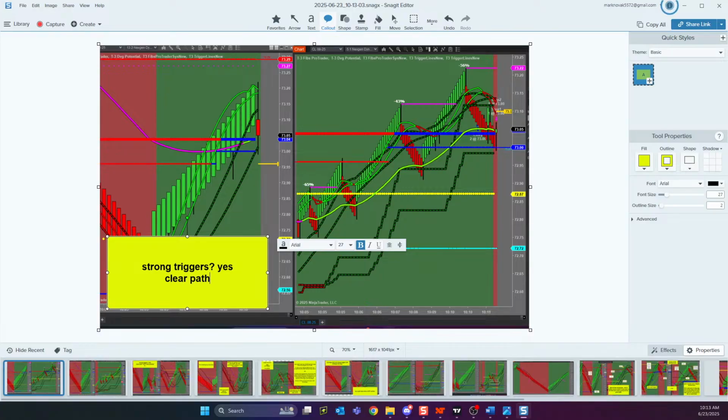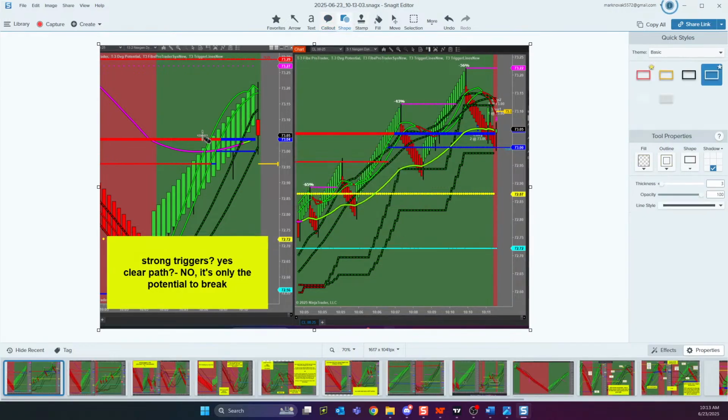Do I have a clear path? And the answer is no. It's only the potential to break. Is there anyone that doesn't understand that concept? Until the small and large get above the area is only the potential. It's not a clear path.